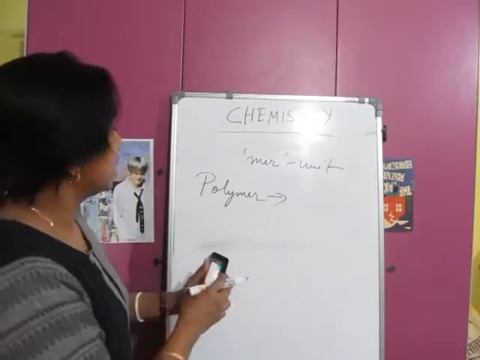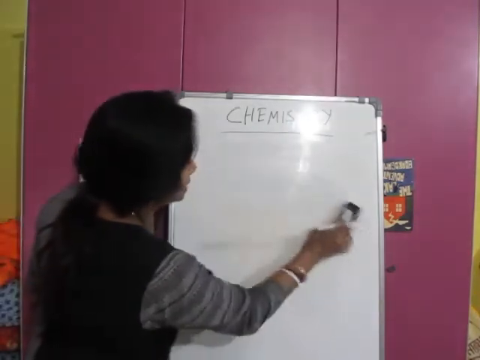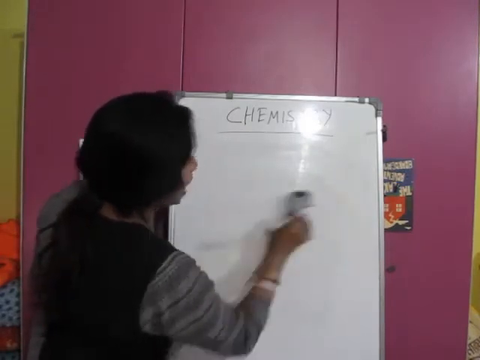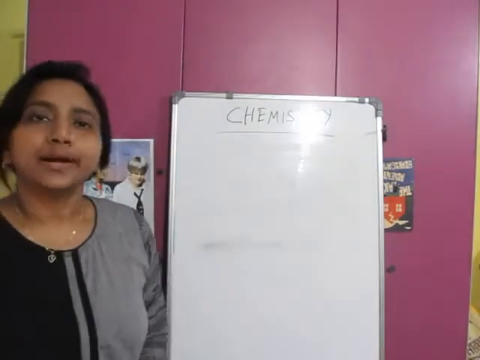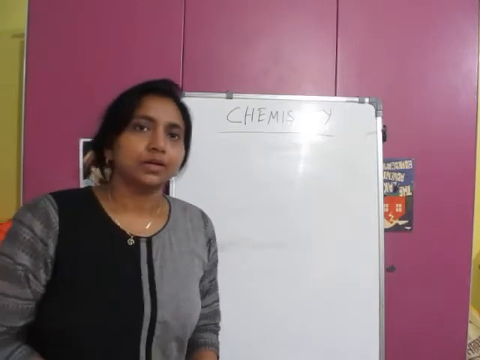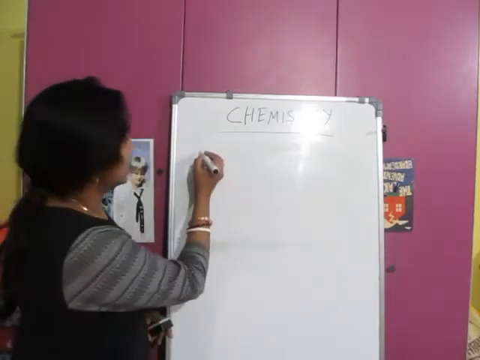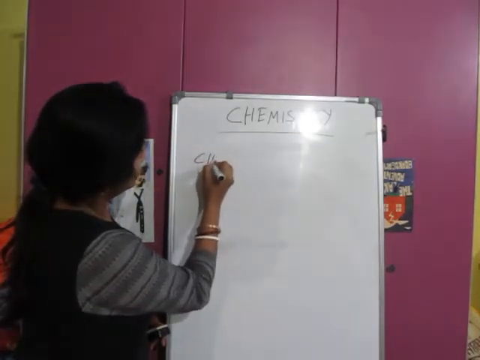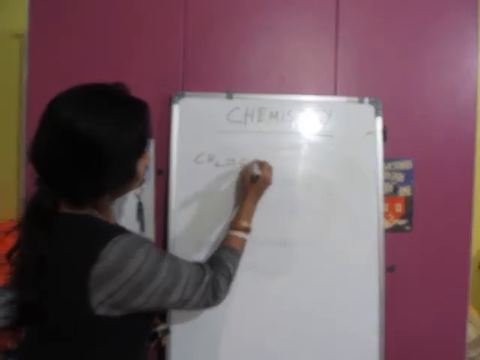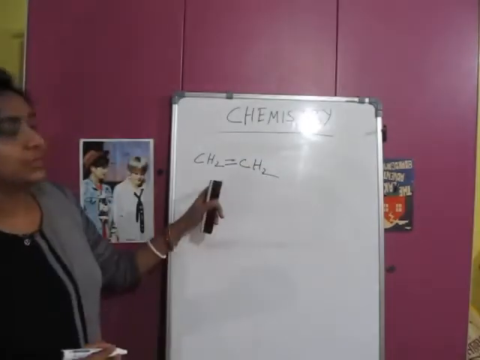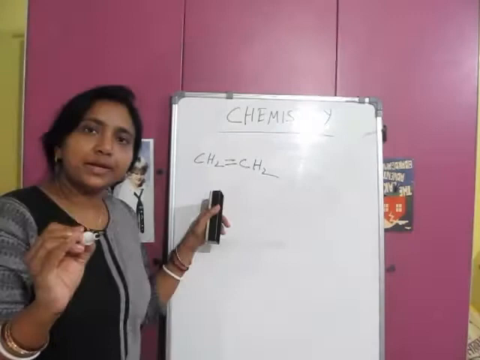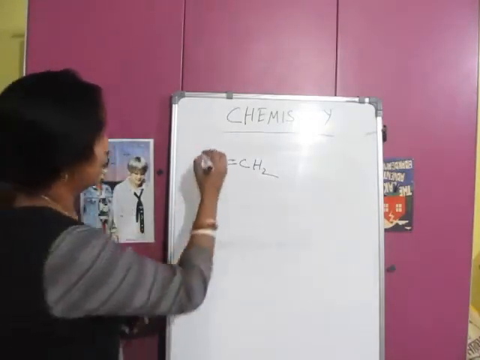If I give an example by the structure, you can understand more clearly. Like, say, it is ethylene. This one is a single unit, that is the monomer.